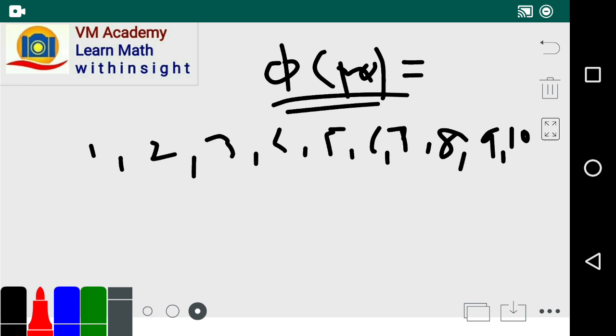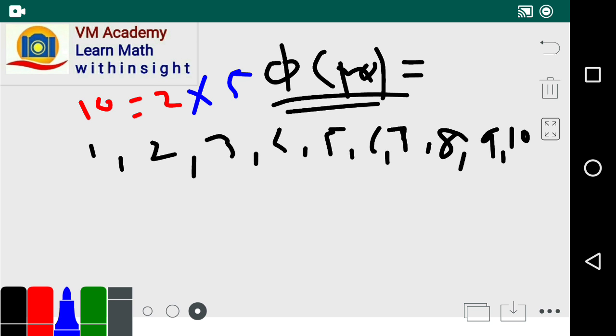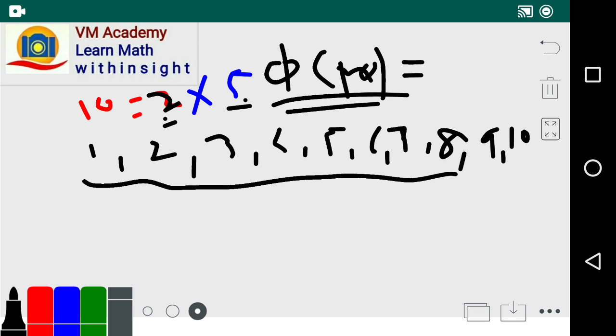Now 10 has factors 2 into 5. 2 and 5 are the factors of 10. So out of these, what numbers will share at least one factor with 10? The numbers that have factor either 2 or 5.